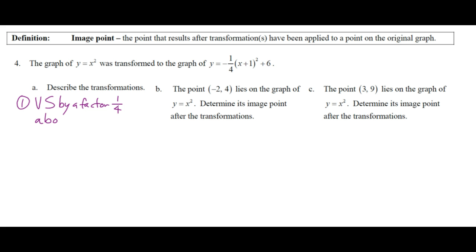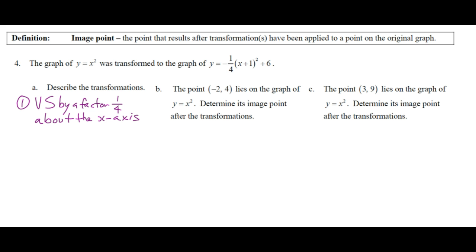And the stretch occurs about the x-axis. So what kind of stretch? Vertical stretch, right? That's all we know right now. Next year you'll start doing horizontal stretches. But for now, it's a vertical stretch by a factor of, the negative does not enter into number 1.